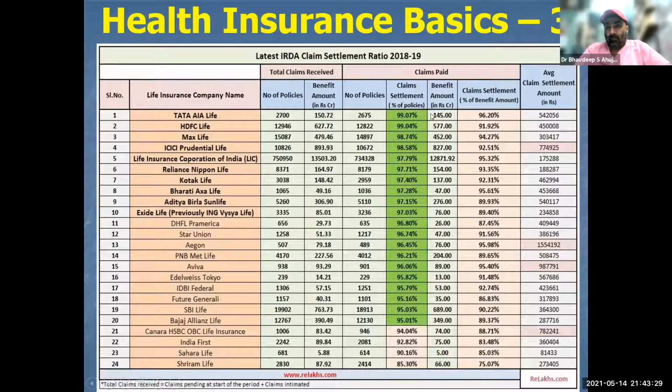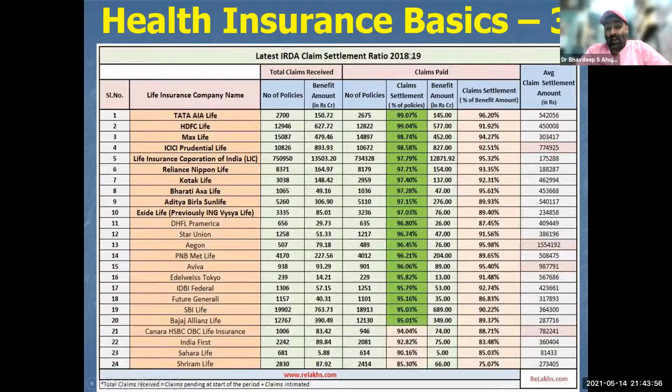The benefit amount claimed was 150 crores, that we have a hospitalization of 150 crores, and the companies, after the deductions, limits and sub-limits, paid back 145 crores. So this is the way. The percentage is given as a percentage of benefit amount separately, percentage of policies separately. Amount is also given separately.